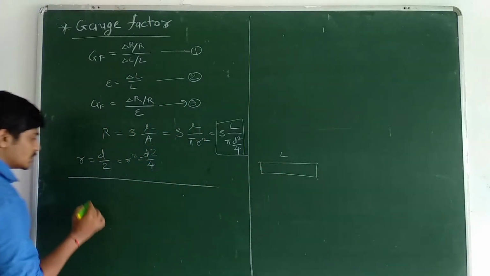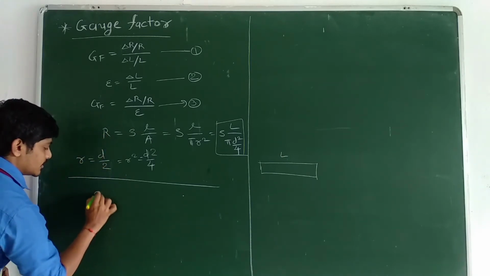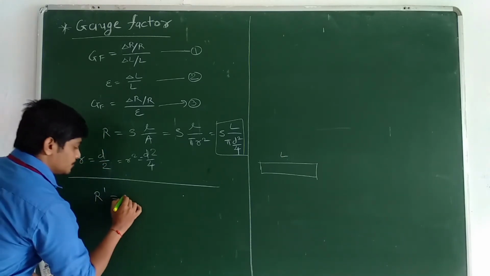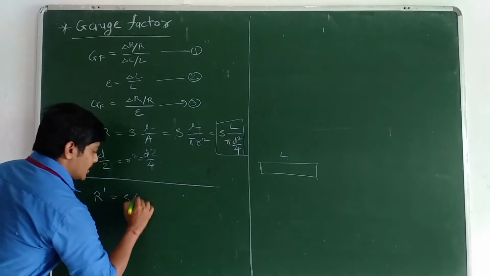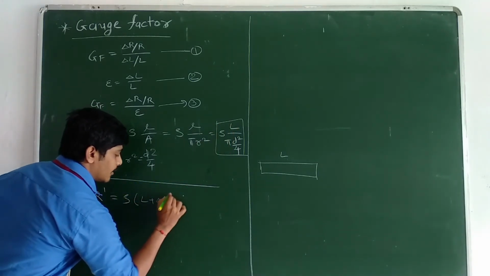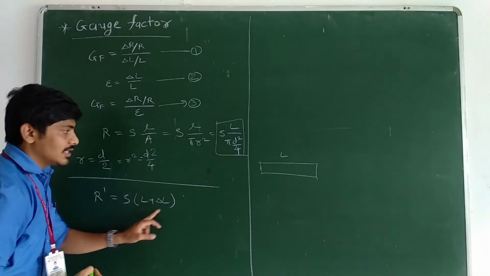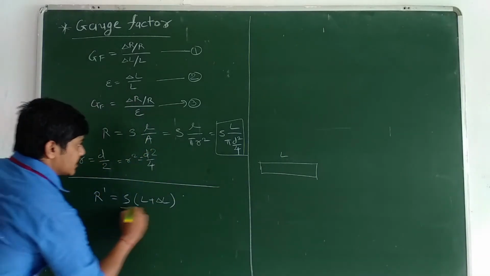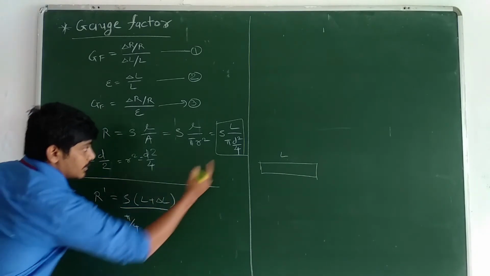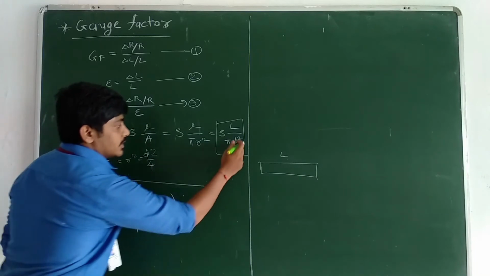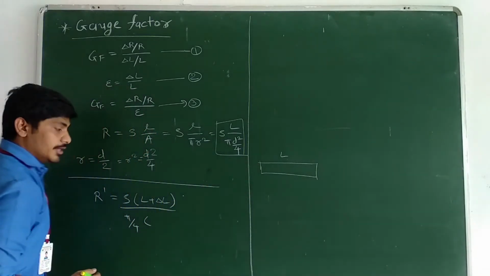So after applying the force, we can write the equation of R, that is R dash is equal to rho, then after the length is going to be increased, that's why we are writing L plus delta L. Over here we are writing plus because the length is going to be increased. At the same time, pi by 4 d square. So it is the change in diameter. The diameter is going to be reduced, right?